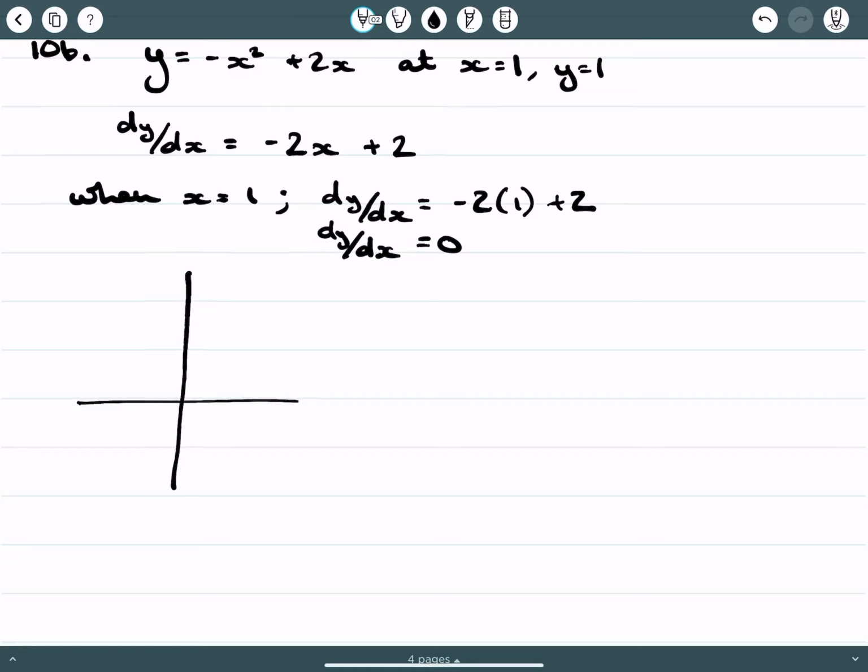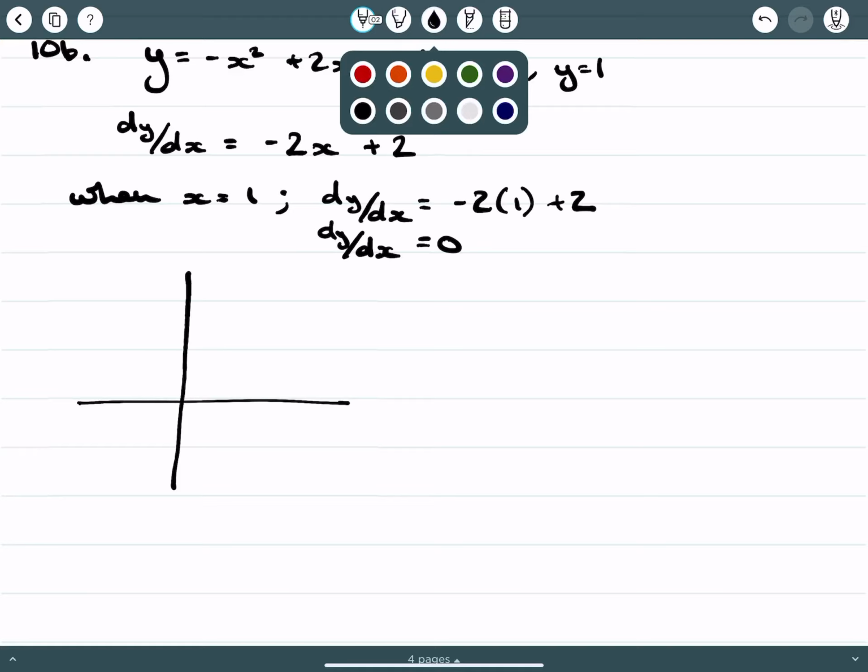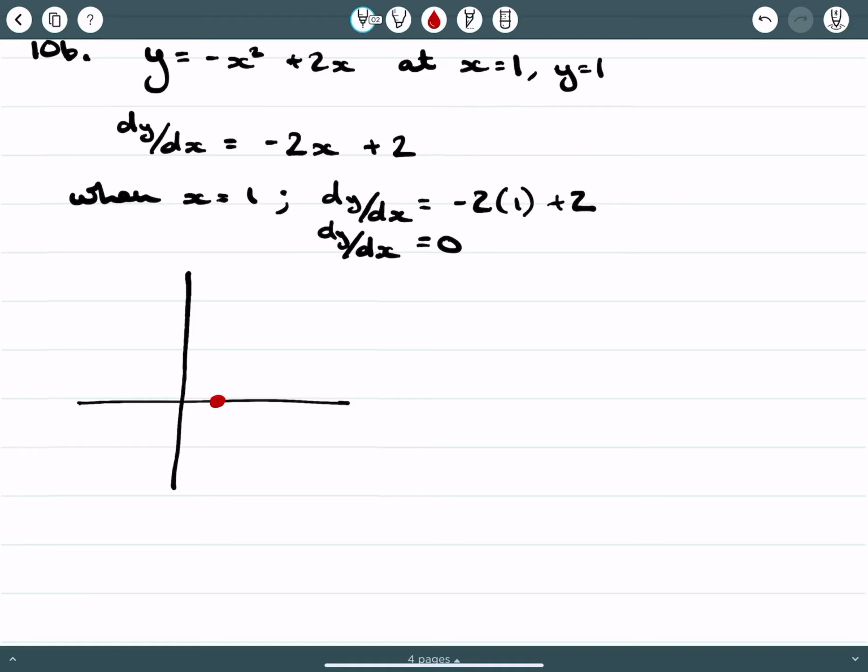So what we have here is, I'll just do this in another colour though, we can have a line or a tangent that's just sitting flat along there. Now it might be at a different point. It could be at this point here, 1, 2, but the tangent goes like that.